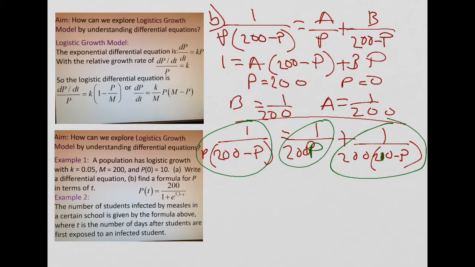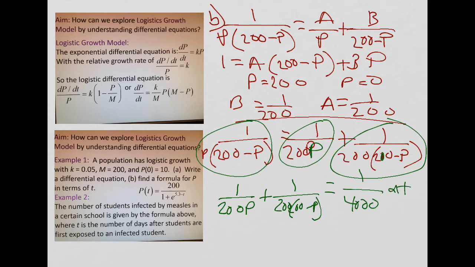What we have is 1 over 200p and 1 over 200 minus p is equal to 1 over 4,000 dt. Whoops, I missed my dp over p. Whoa, that got really sloppy. I didn't intentionally mean to do that. I was just trying to squeeze that in. Hopefully you can see it.